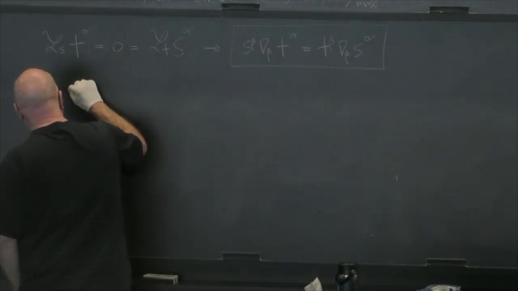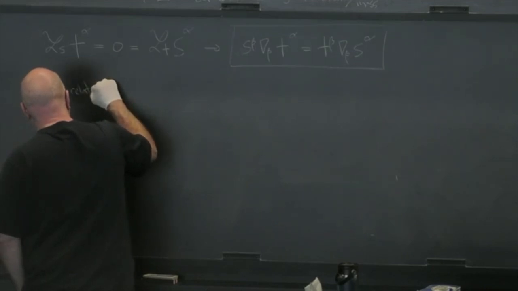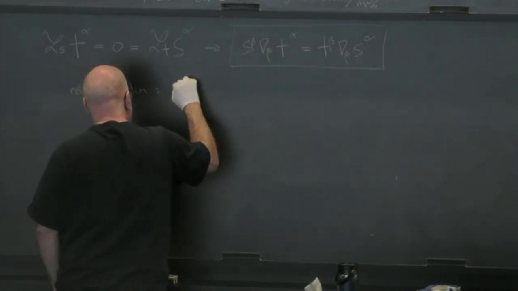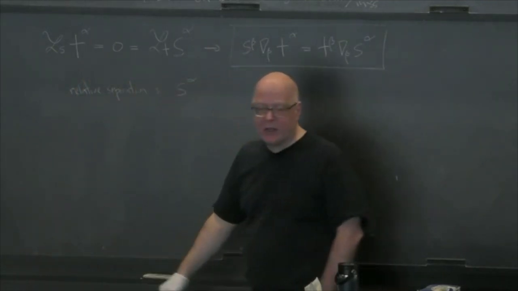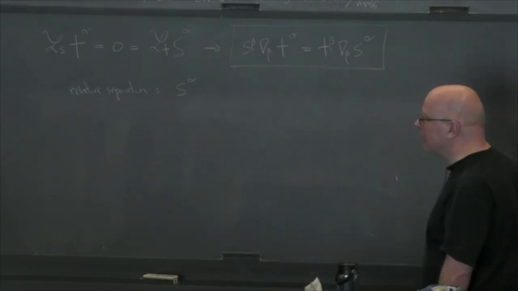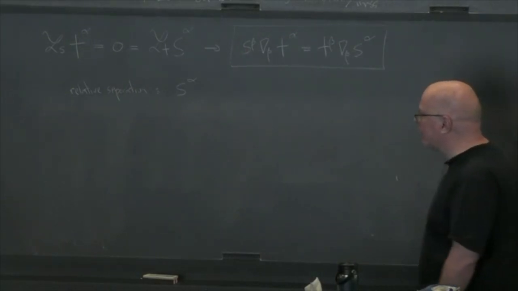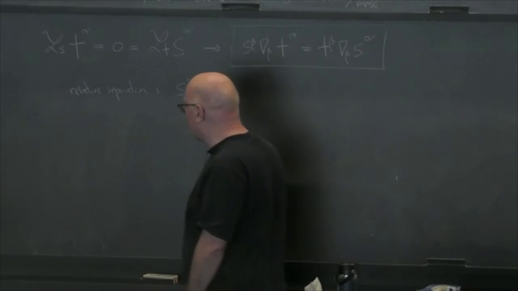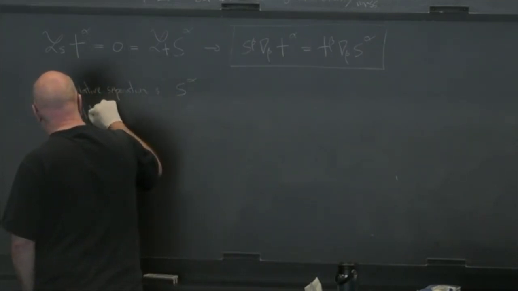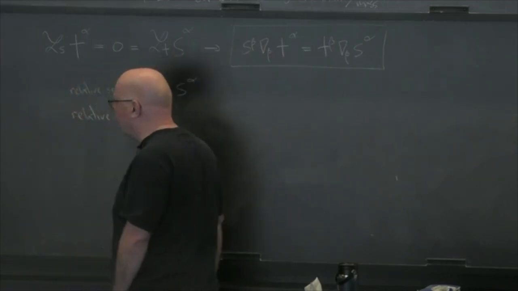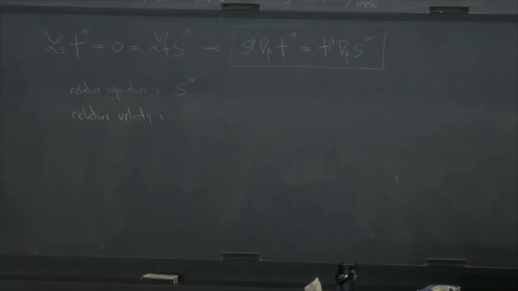So the relative separation between geodesics, well, that's going to be represented by our deviation vector, S. So we needed to define it properly in order to provide a meaningful notion of what this means in a curved space-time. If we want a relative velocity between two geodesics, well, what we're going to be talking about here is the rate of change of that vector as we move up along one of those geodesics.